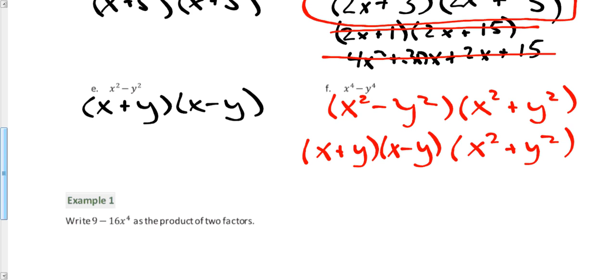Can't do it. So there, I'm done. I cannot factor x squared plus y squared. What did I say? Because you can't. What did you factor it out to be?